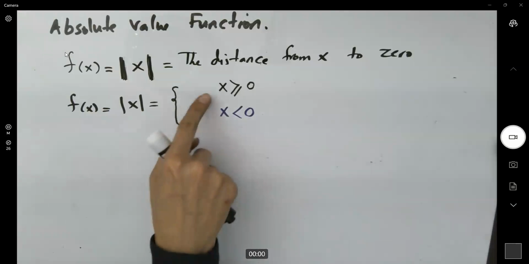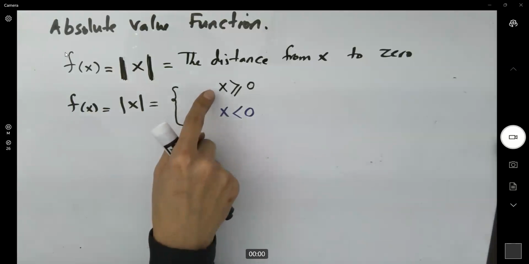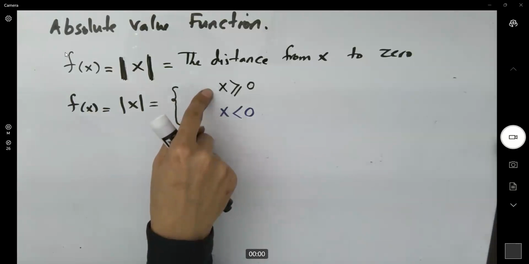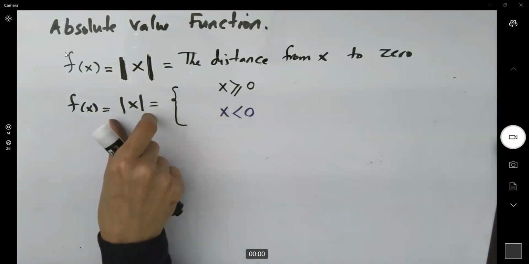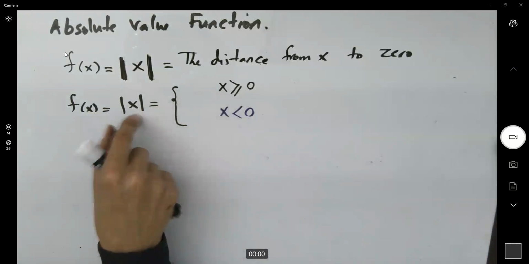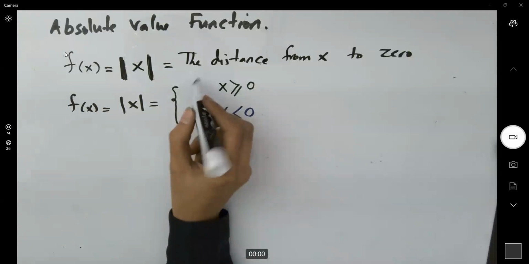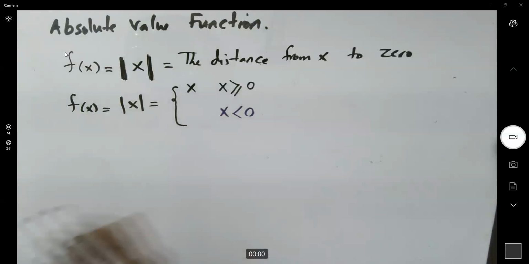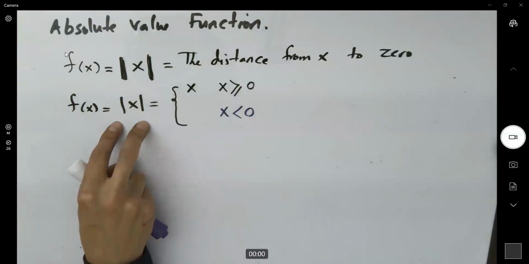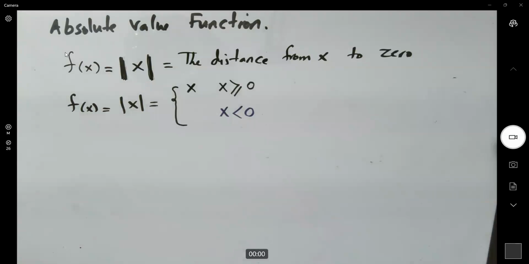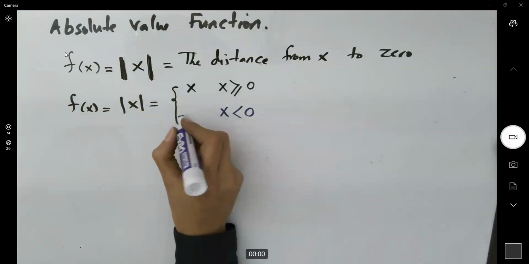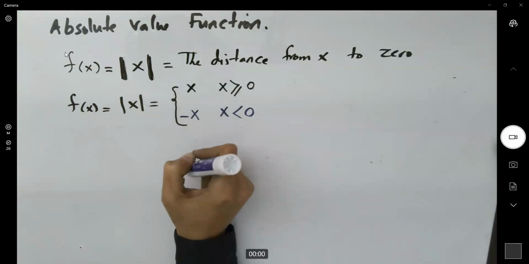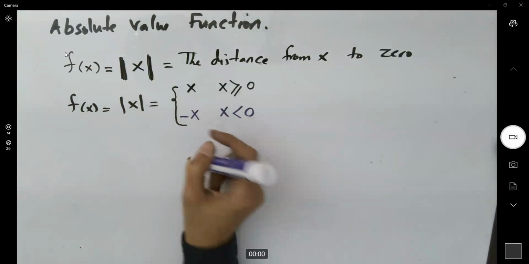If x is larger than or equal to 0, the distance from x to 0 is just x. But if x is less than 0, since the distance is positive, you have to put a negative sign in front of your x.